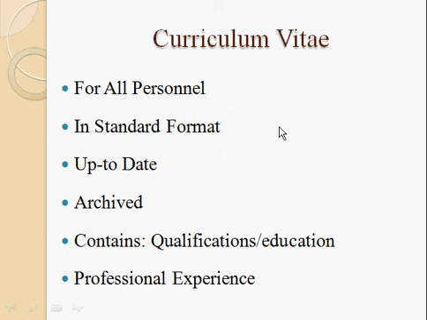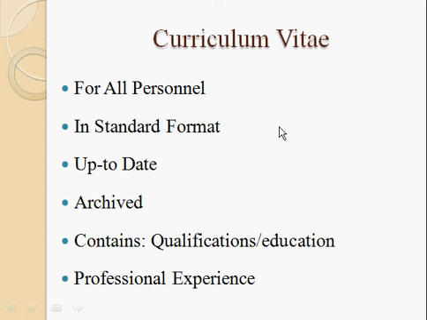So like the job description, there should be a CV available in the file for every individual. This is not like the job description for only scientific people or non-scientific people. It should be available for all scientific and non-scientific people in your organization. There should be a standard format which is described in your standard operating procedure.